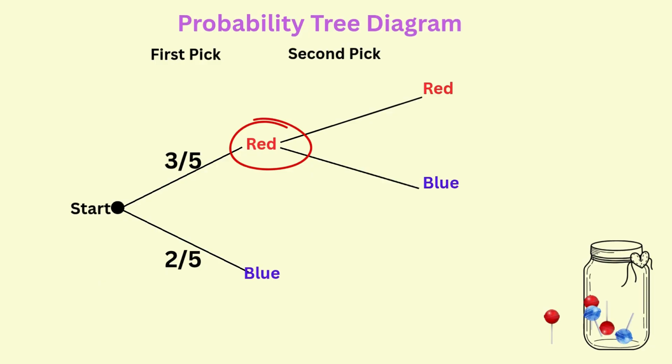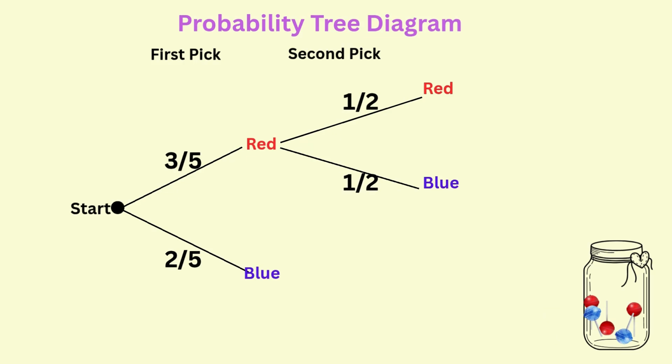So the probability of drawing a red sweet on the second pick, given that the first pick was a red sweet, is 2/4 or 1/2. Also, if the first pick was red, there are still 2 blue sweets in the jar from a total of 4. So the probability of drawing blue is also 2/4 or 1/2.